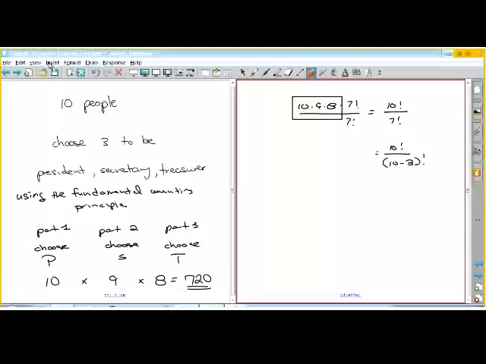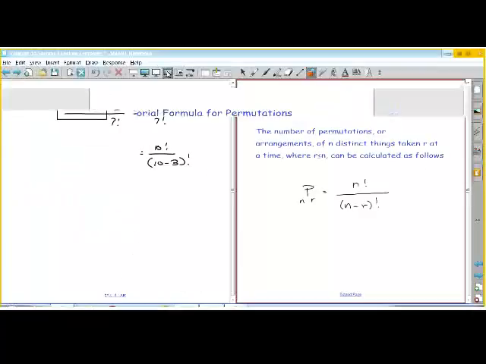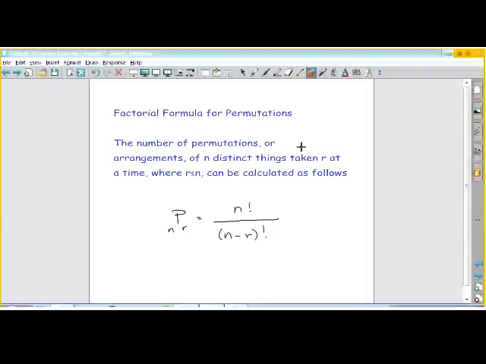Well, if you look at these cases where order is important, and we call it a permutation, there's a formula. So the factorial formula for permutations, and permutations are arrangements of n distinct things, so in this case n distinct things is people, is calculated where r is less than n. So the way you represent this problem, use P to stand for permutation.